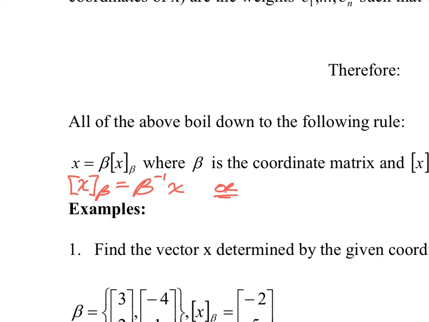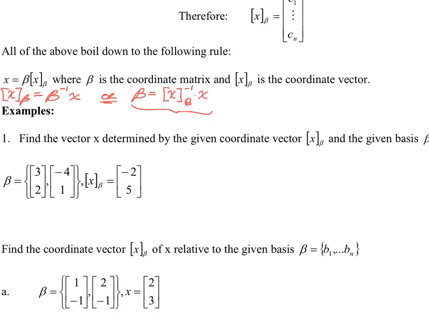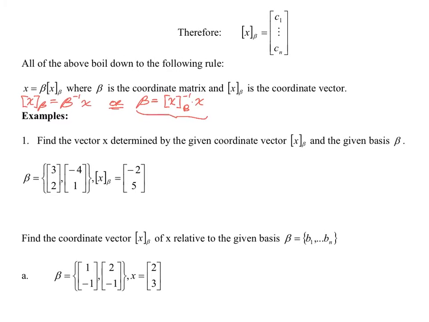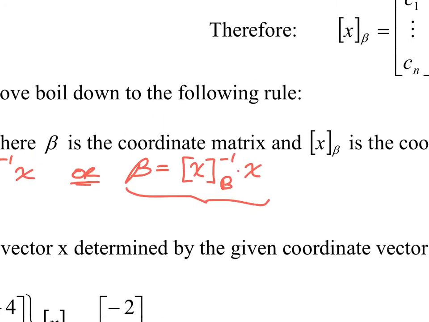That would be the inverse of x sub beta multiplied by x. The problem with this one is it doesn't always hold, because it might not be invertible. We're talking about a vector, and there are only certain circumstances in which a vector is invertible, so that is not necessarily always true.